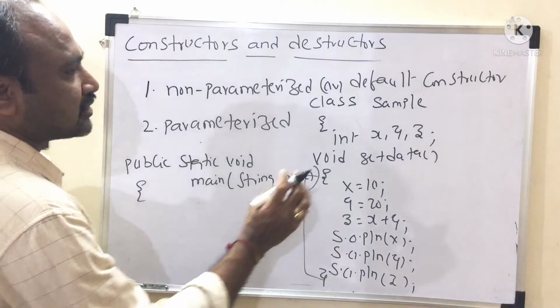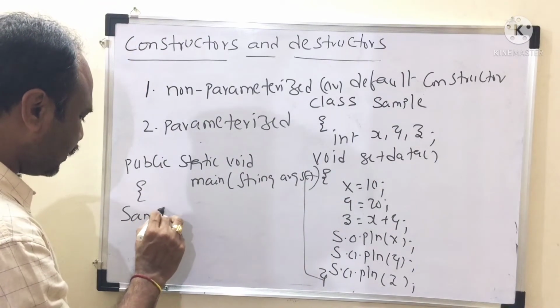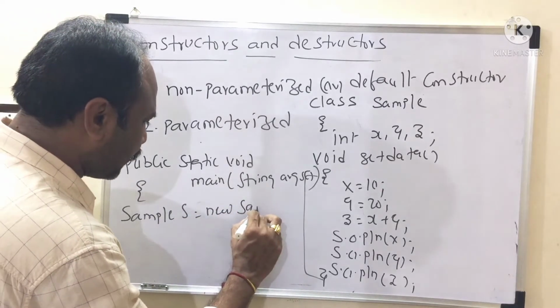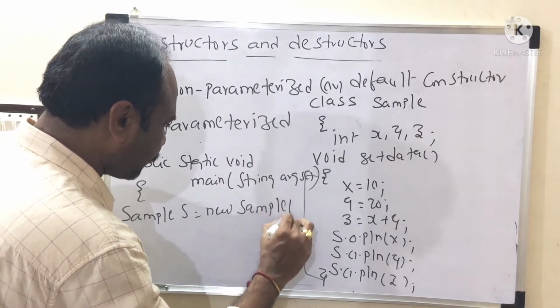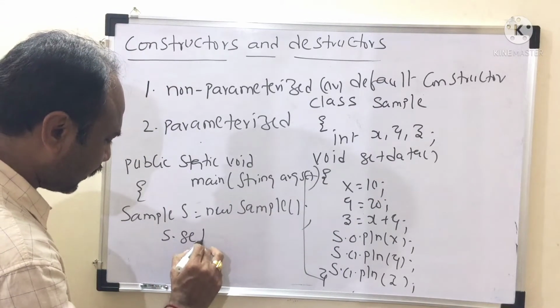Which class data do I have to access? Sample class data. Create the object. How to create an object? Sample s equal to new Sample. How to call this? s dot getData.